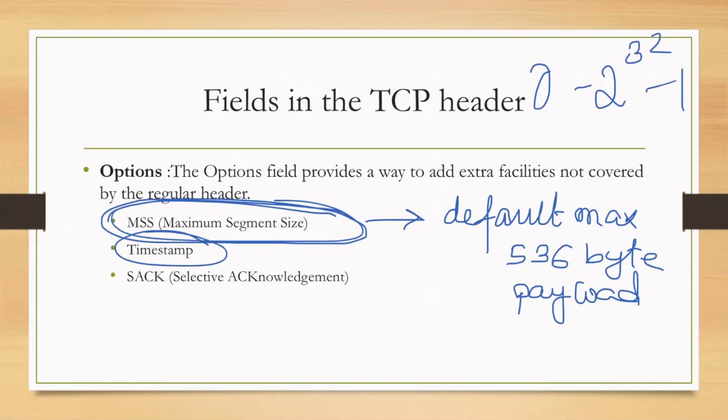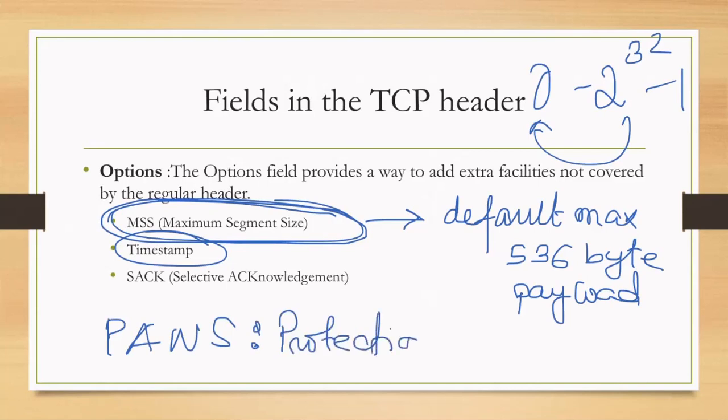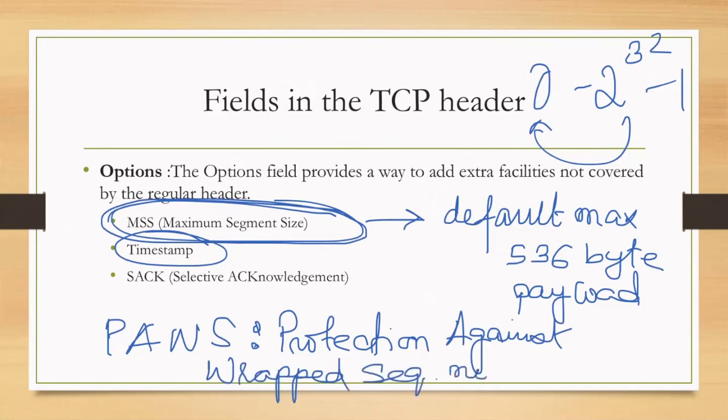If we want to extend a little beyond this, so that it does not become 0 again, there is a scheme called protection against wrapped sequence numbers, PAWS. Here, with the timestamps that are sent in the optional part, segments with older timestamps are discarded. So this could be another option.